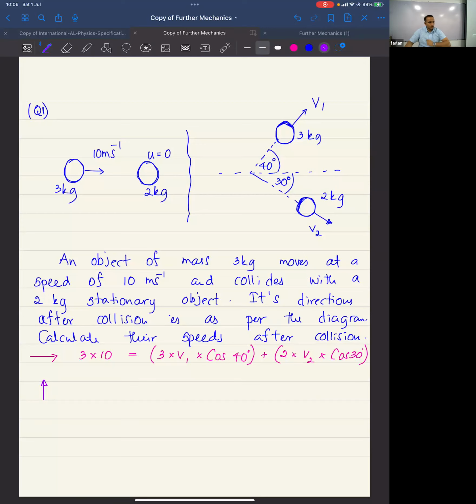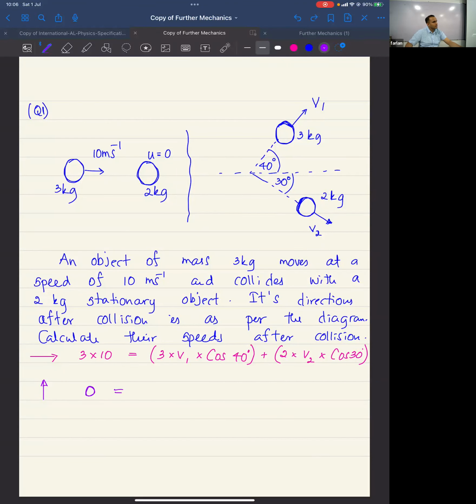Guys, in the direction perpendicular to the initial direction, can you tell me what the initial momentum is? 0. Nice. There was absolutely nothing in that direction. The initial momentum was in this direction, so in a direction perpendicular to that, the momentum is 0.